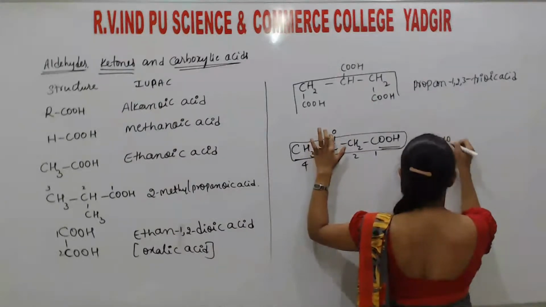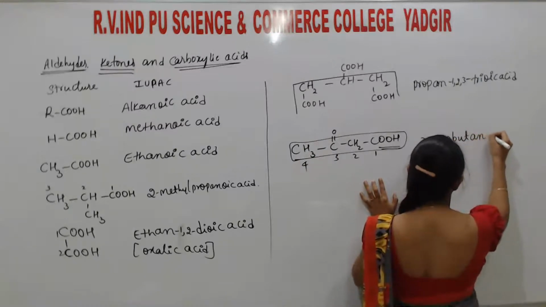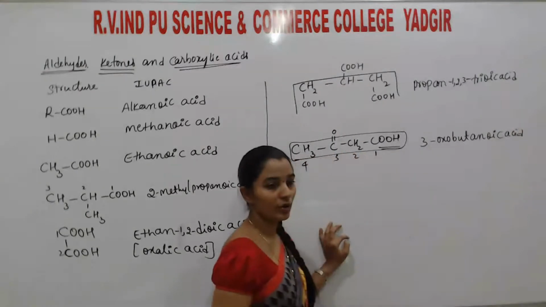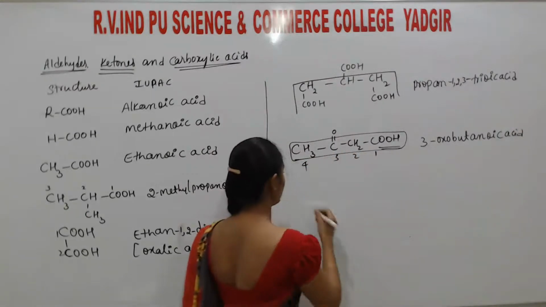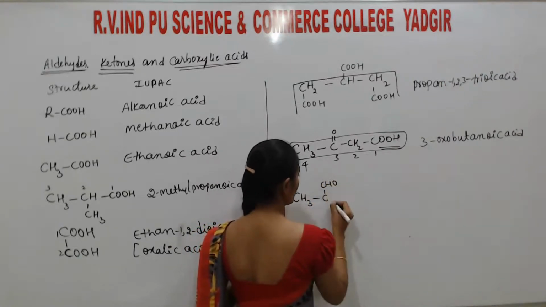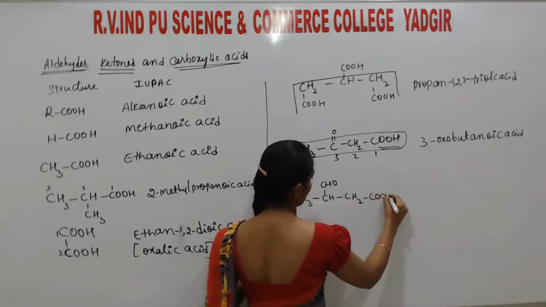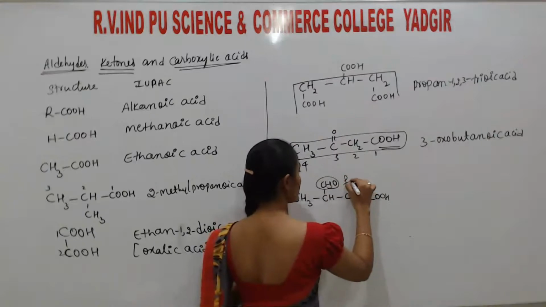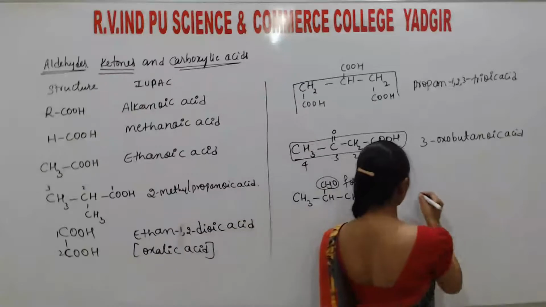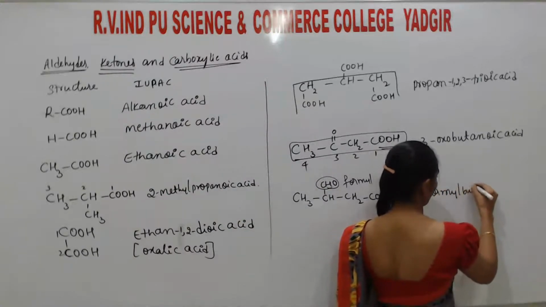O, that is oxo. 3-oxo, 4 carbon atoms means butanoic acid. 3-oxo butanoic acid. If instead of that a CHO group is there, CH2, CHO, this group is called the formyl group. Then of course it is 3-formyl butanoic acid.